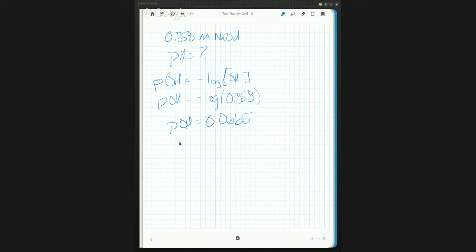So then 14 minus pOH is equal to pH. So it's equal to 14 minus 0.0665. And so we're getting the pH is equal to 13.9. That's a pretty high pH, but it's a pretty strong NaOH, which is fine.